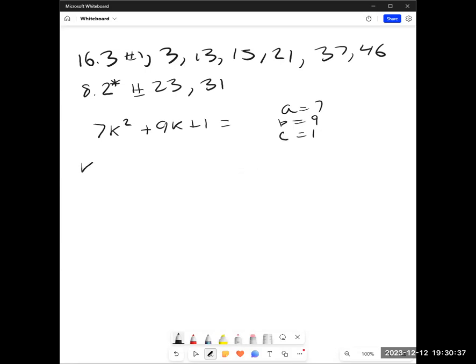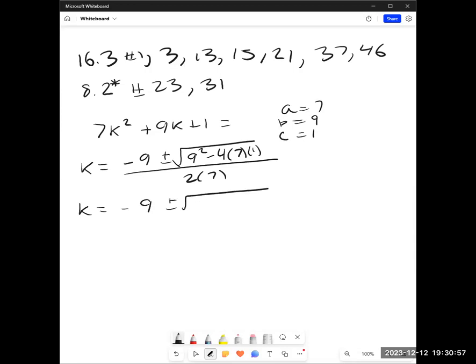So we need k equal to negative 9 plus or minus the square root of 9 squared minus 4 times 7 times 1 all over 2 times 7. k is equal to negative 9 plus or minus the square root of 81 minus 28 over 14.